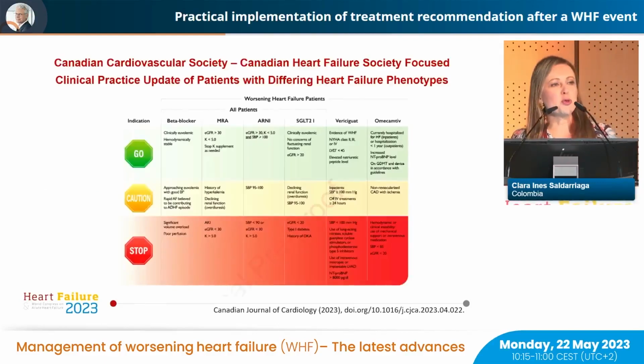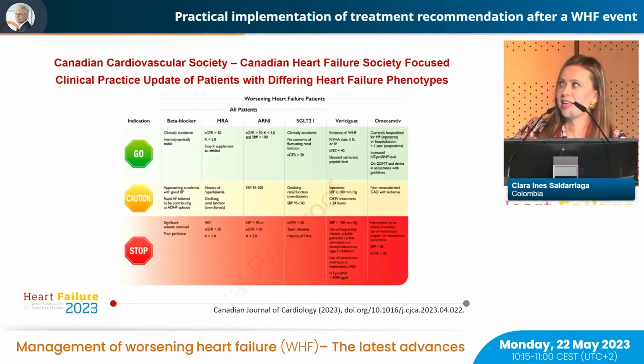Let me show you this very practical graph from the Canadian Cardiovascular Society. Actually, Shelley is one of the main authors of this. This is a clinical practical update of what to do with a patient with worsening heart failure. And here you can see that we have green, yellow, and red lights when we are trying to start all the medications in those patients.